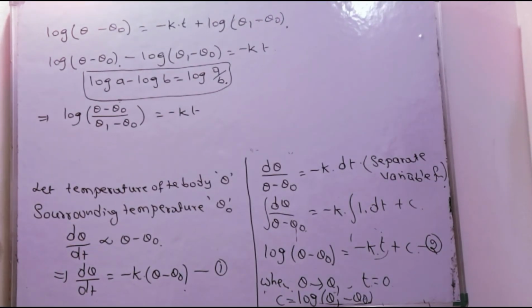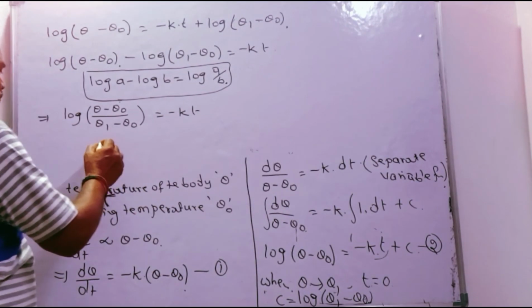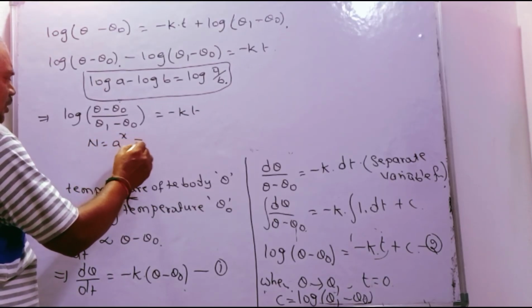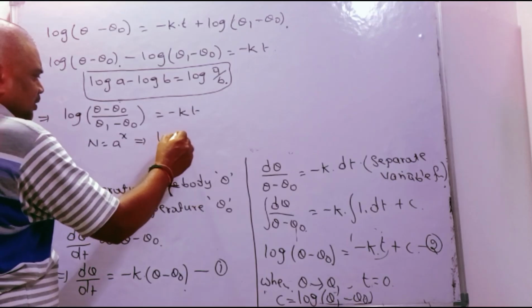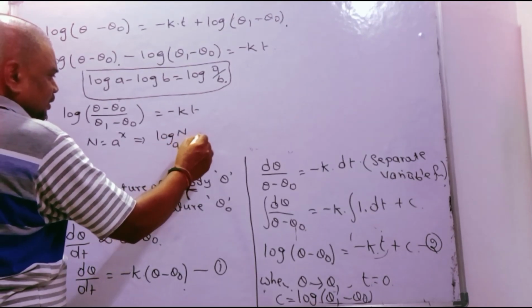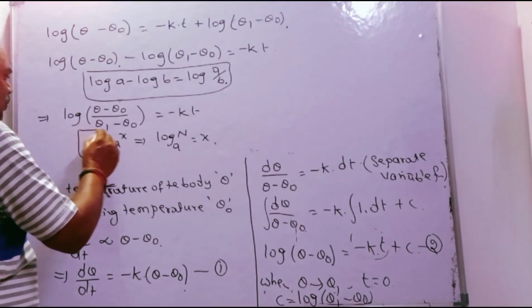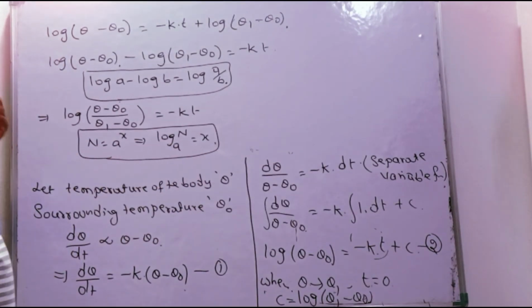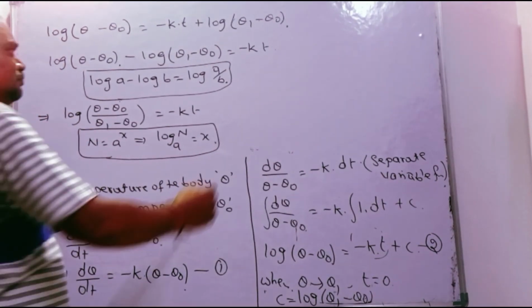We know the definition of the logarithm: when n equal to a power x, it implies log n base a equal to x. By using this formula, remove the logarithm.